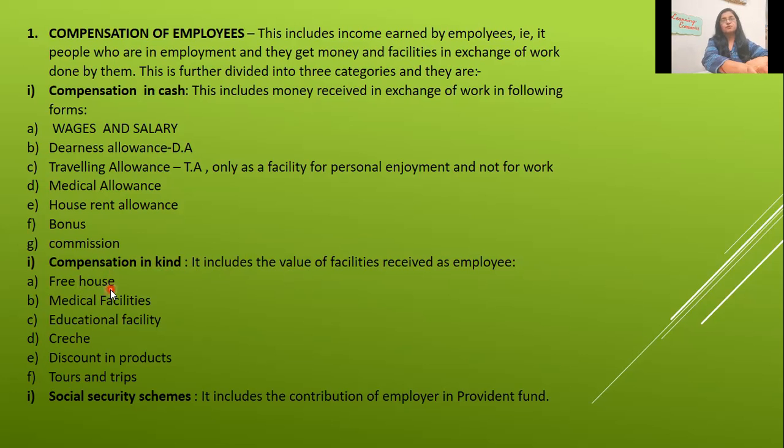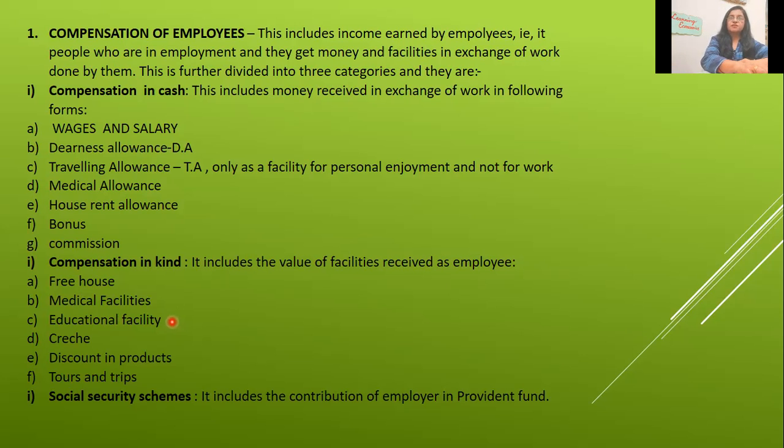If we get a free house to live in, that is also a good facility. And if we do not own a house, then we have to pay house rent. Then medical facilities: sometimes employees do not get a medical allowance, but some hospitals are on panel, and when they go there for treatment, they get medical facilities.